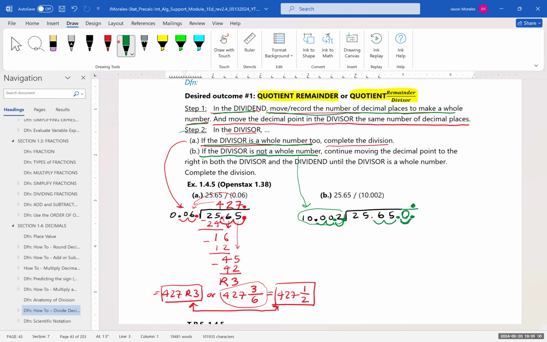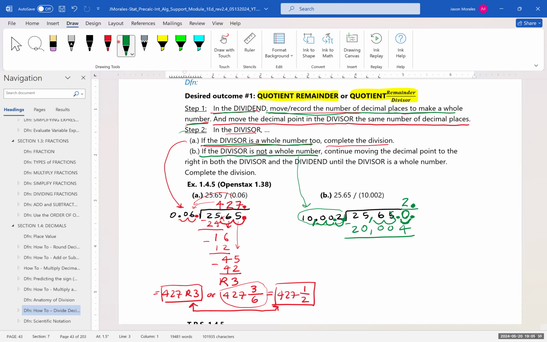So now the division we're doing is 25,650 divided by 10,002. So now we can ask ourselves, how many times does 10,002 go into 25,650? It goes at most 2 times. And 2 times 10,002 will get us 20,004.